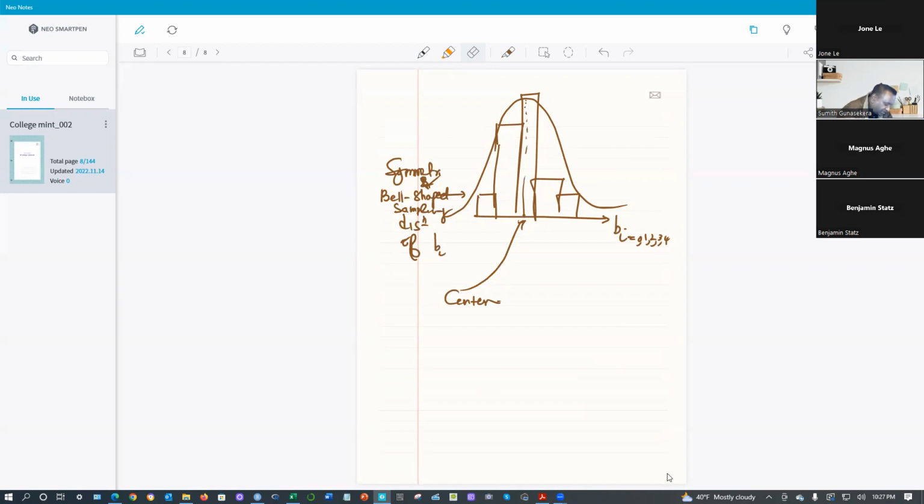Center means what? Mean of Bi. How do you write mean of Bi? Mu of Bi.